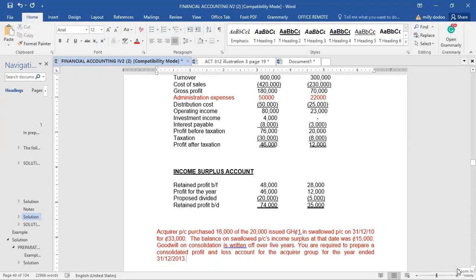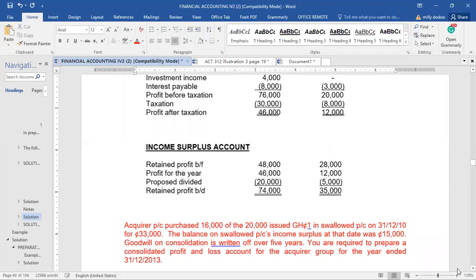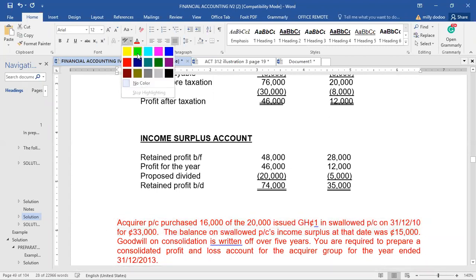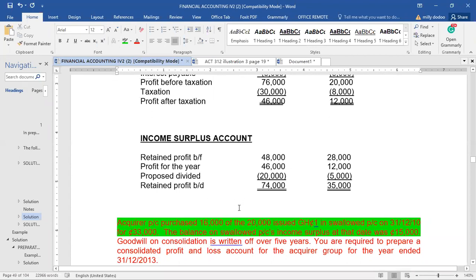I've posted it on the page already, and I've asked you to solve it. What I wanted you to do is to determine the goodwill. So with the illustration here, from here to here, just read the question from here to here and determine the goodwill.